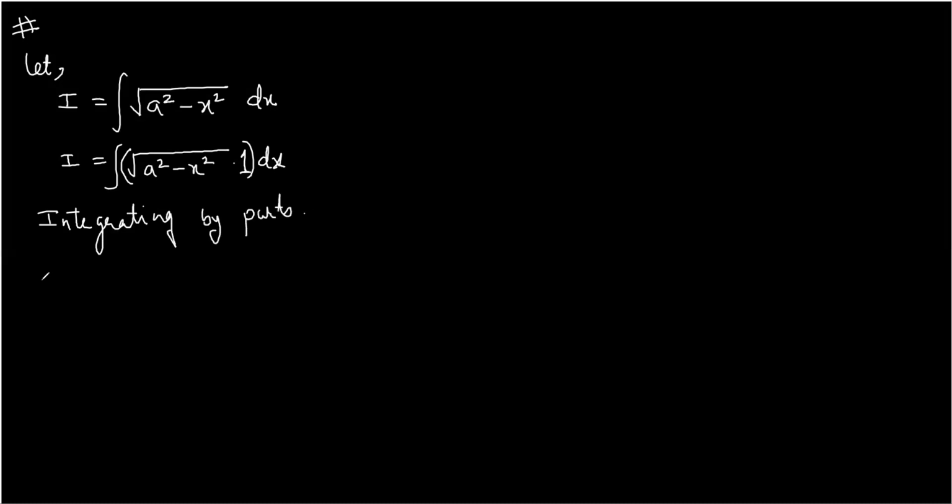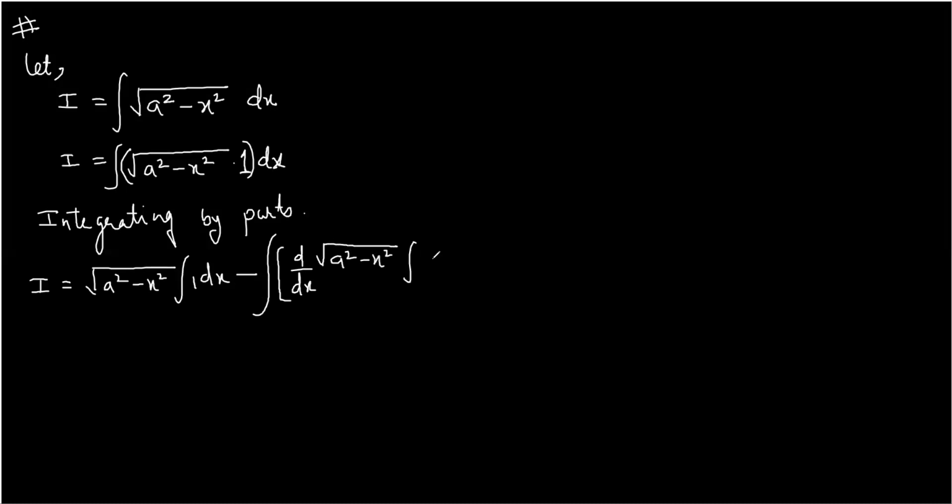So I get I equals square root of a square minus x square into integral of 1 dx, minus big integral sign, and then inside the bracket I have d by dx of square root of a square minus x square multiplied with the integral of 1 dx, and again dx. You can check, you are integrating only 1 dx.